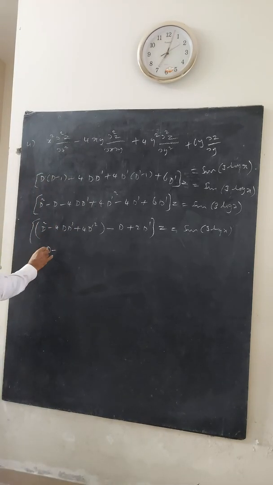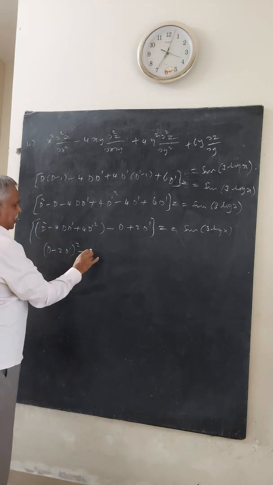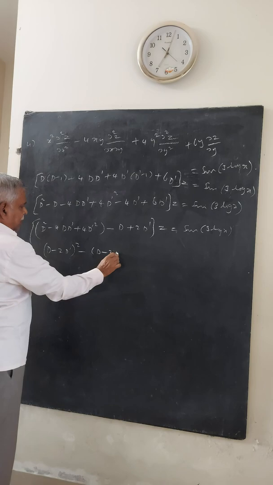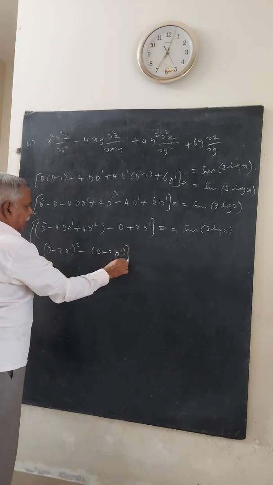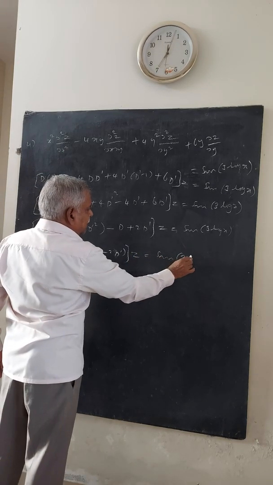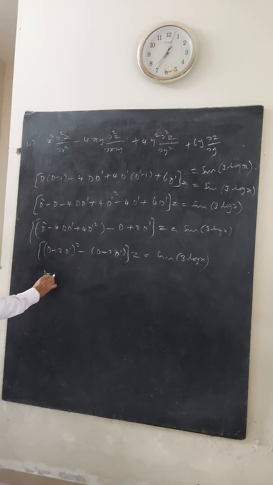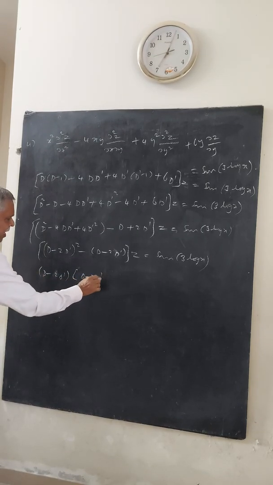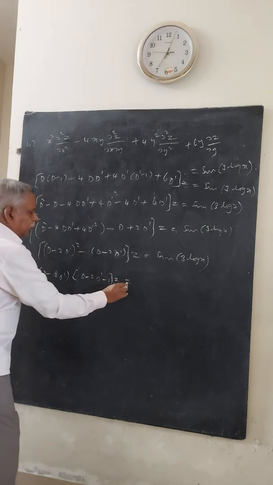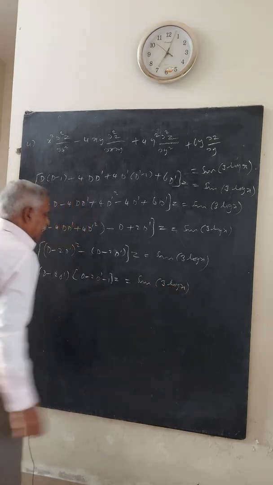This is (a − b)² = a² − 2ab + b², applied. Minus, take out (D − 2D'). One factor, take out: (D − 2D')(D − 2D' − 1) of z = sin(3 log x).